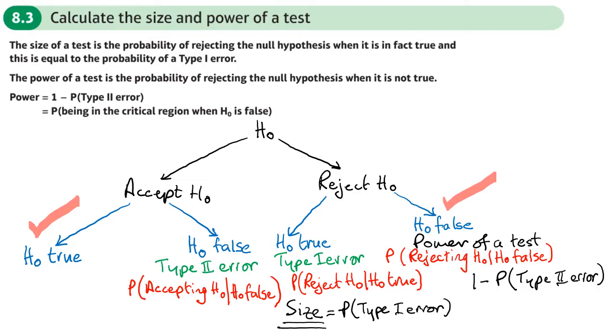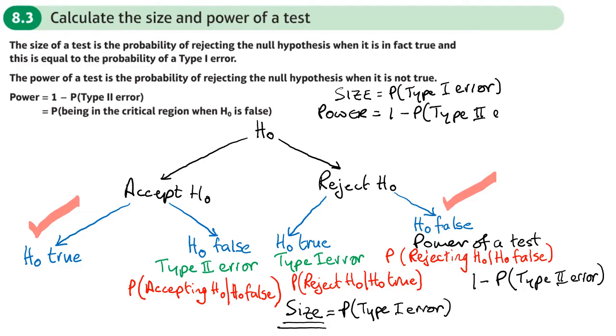So size equals the probability of a type 1 error, the size of a test. The power of a test is equal to 1 minus the probability of a type 2 error. But it may be easier actually just to work out the probability directly using this, the probability of rejecting H0, given that H0 is false.